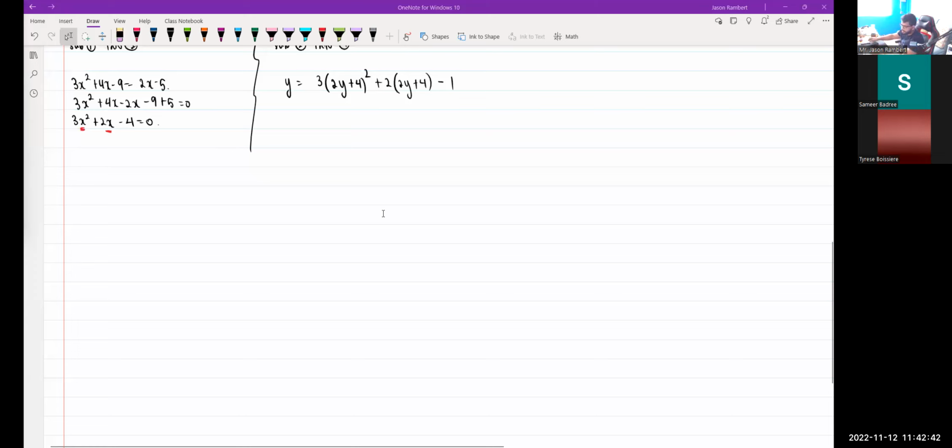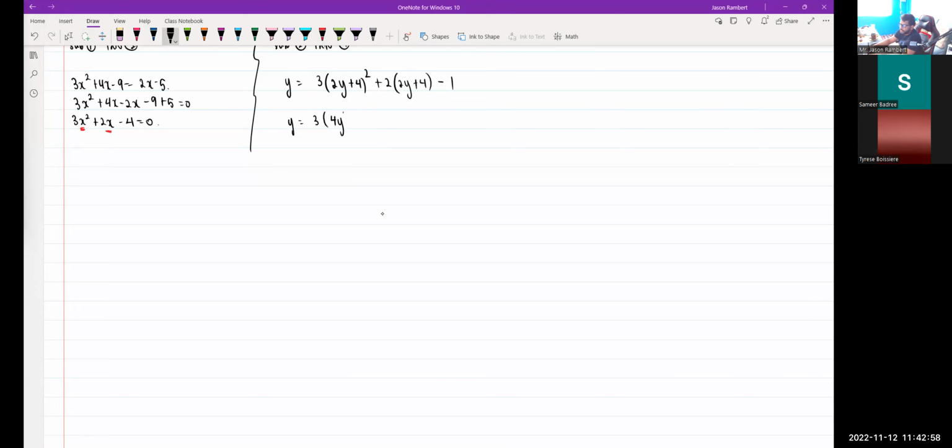So let me expand on this one. y is equal to 3, open bracket. I'll use the shortcut method again to expand the brackets inside.